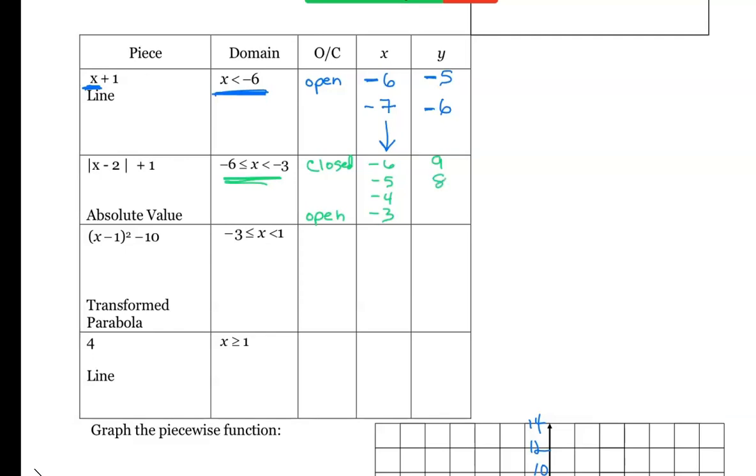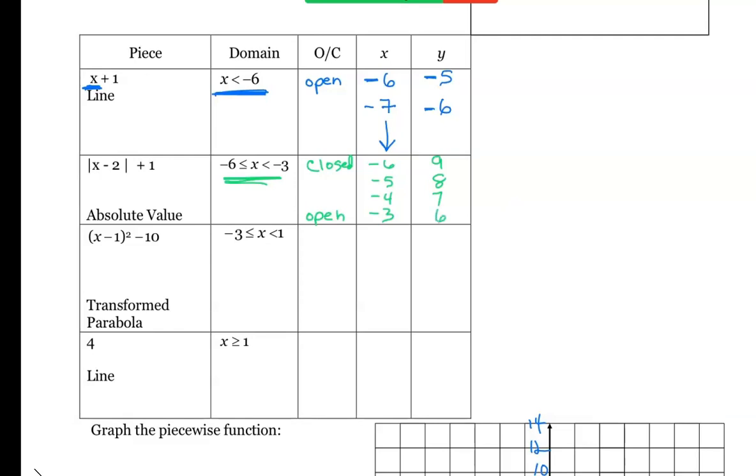Okay, -4 minus 2 is a -6. Absolute value of -6 is going to be 6, and 6 plus 1 gives me 7. And we've got one more. -3 minus 2 is a -5. Absolute value of -5 is 5. 5 plus 1 is 6.